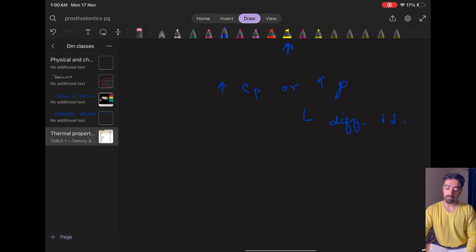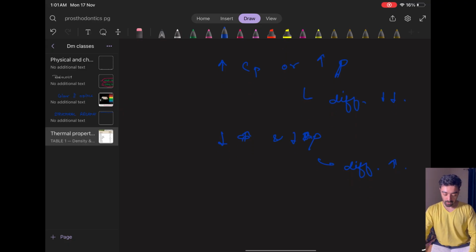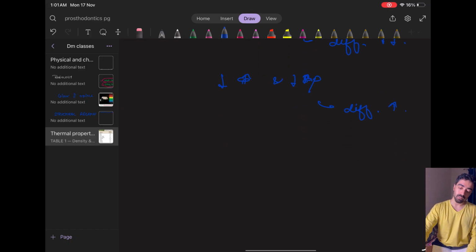And whenever I decrease the heat capacity and density, the diffusivity will increase. Now let us take the tables at the end. Okay, let's discuss the concepts first.